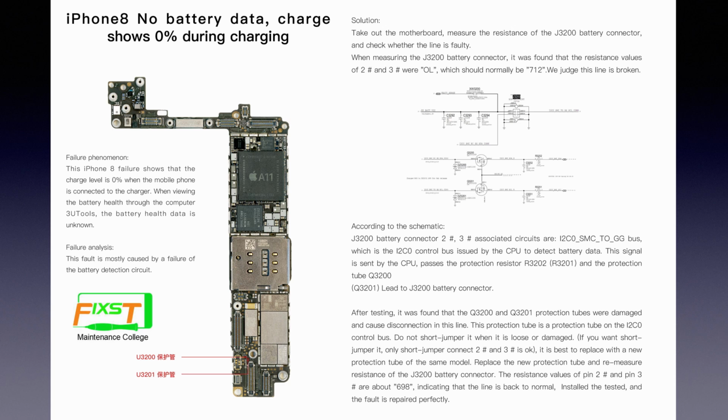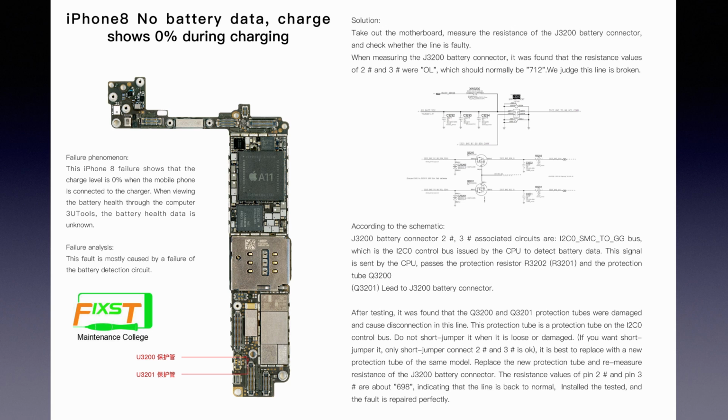It links to the J3200 battery connector. After testing, we found that Q3200 and Q3201, the protection ICs, were damaged and caused the disconnection in this line. Those are protection ICs on the I2C 0 control bus.